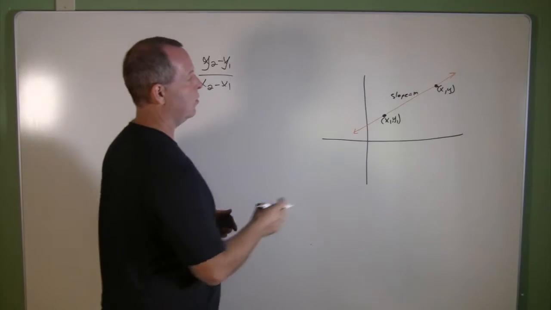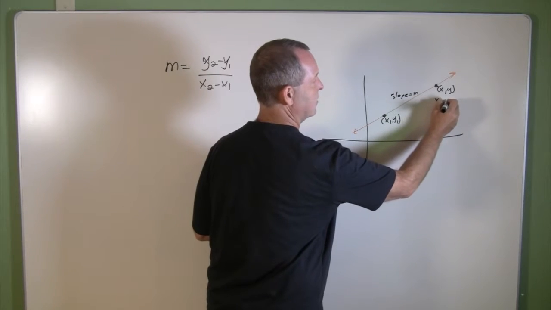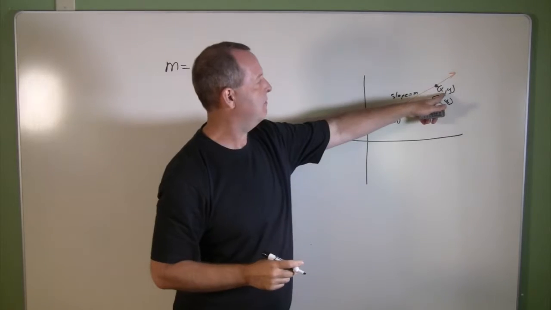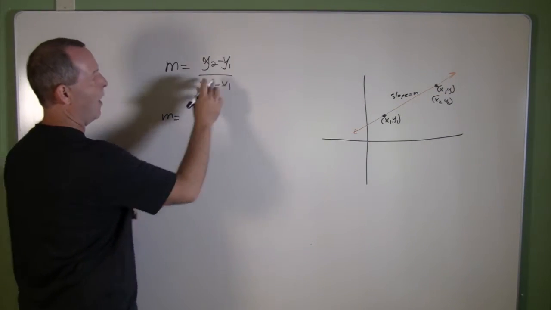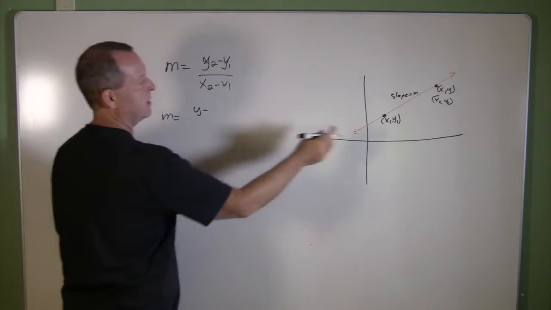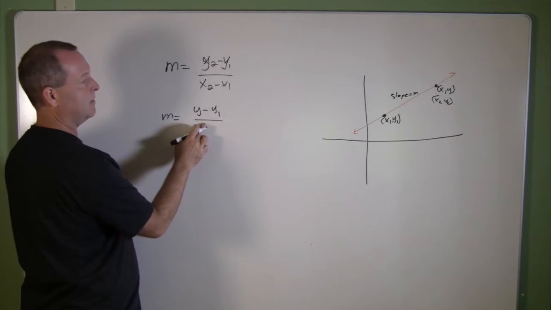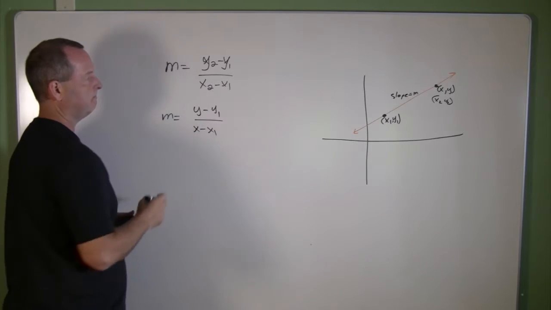So over here, we have our x1s and y1s, and here we have our x2s and y2s. Since I don't have a specific point, I'm going to insert those values. So my y2 value is just some arbitrary y minus y1, and I have some arbitrary value of x minus x1.